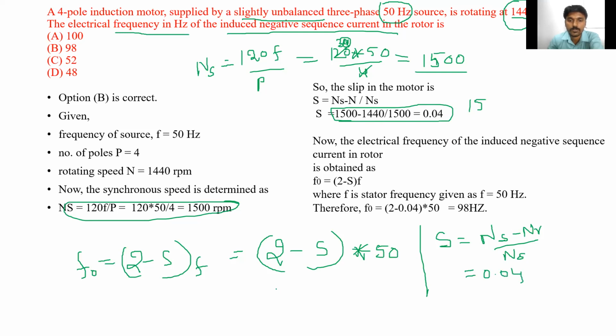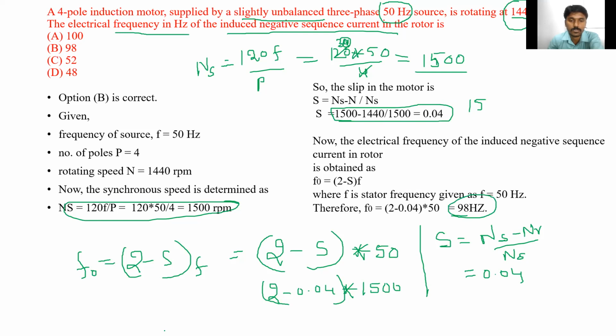So the slip is 0.04. So F0 is equal to (2 minus 0.04) into 50, and the value is 98 hertz.